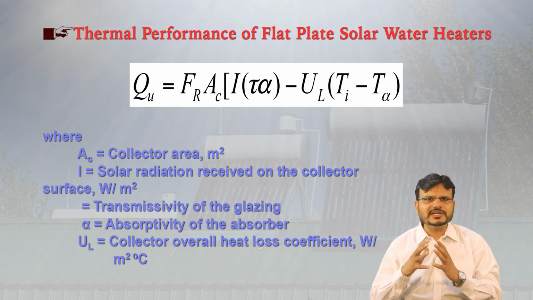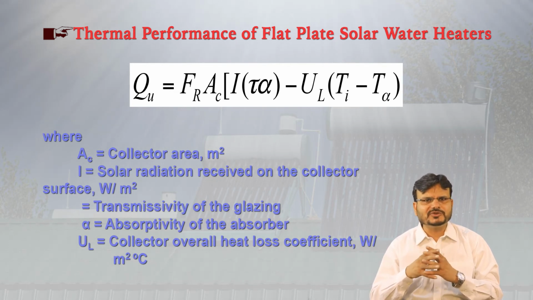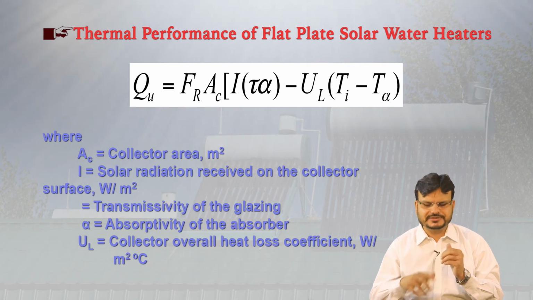This solar radiation can be measured with the help of a solarimeter, and tau is the transmittivity of the glazing, and alpha is the absorptivity of the absorber, and U_L is the collector overall heat loss coefficient, which is denoted as watt per meter square degree centigrade.